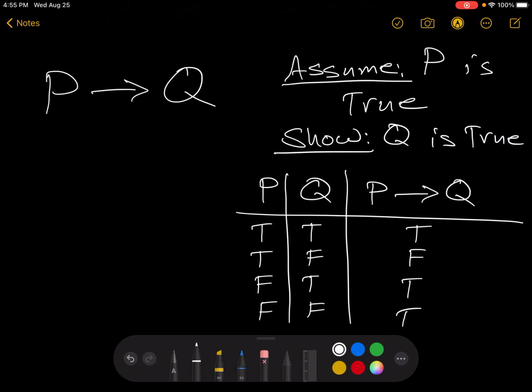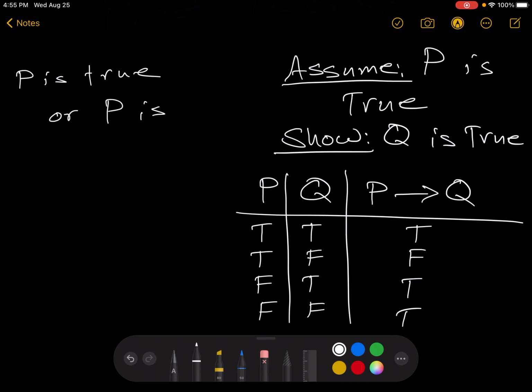All right. So P is a mathematical statement. All mathematical statements are true or false. So P is true or P is false. Now what happens if P is false?